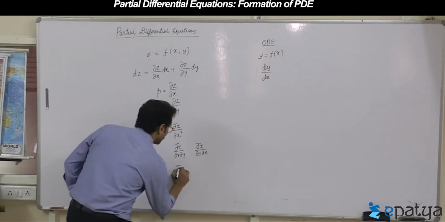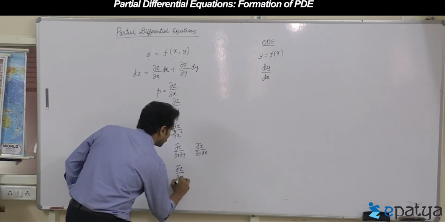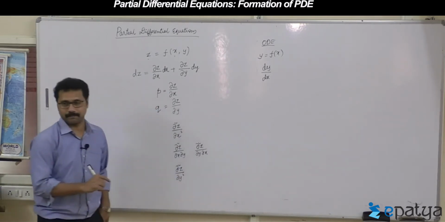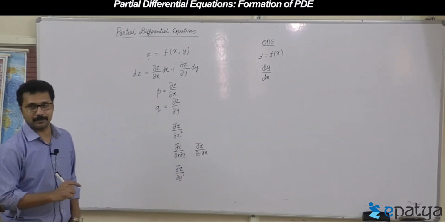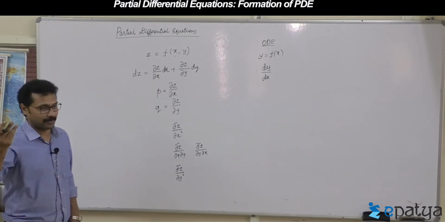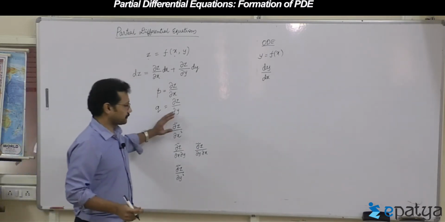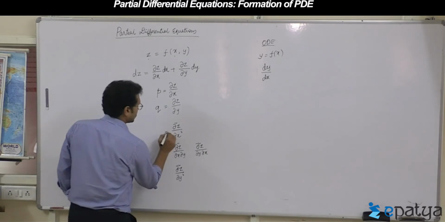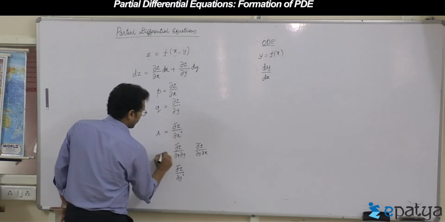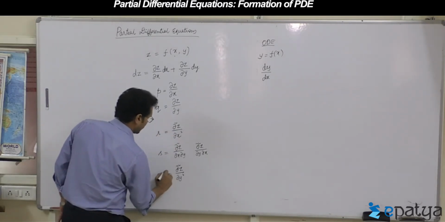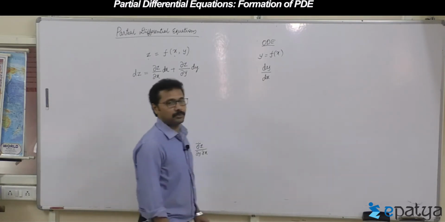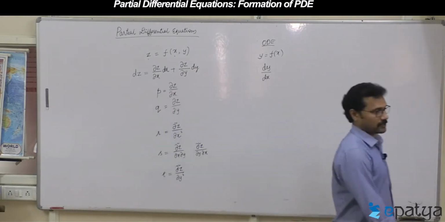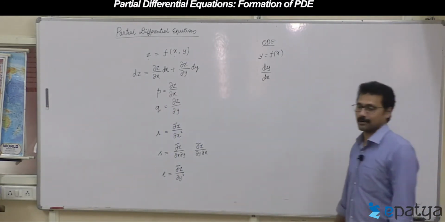Finally, dou square z by dou y square can also be there, in the second order. These are represented as r, s and t. So p, q are first orders, and r, s, t are second orders.